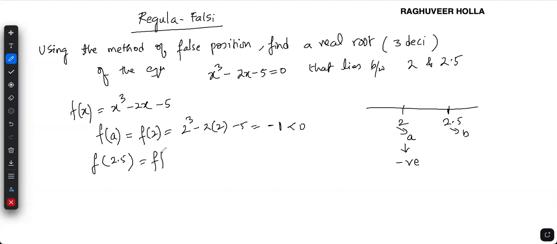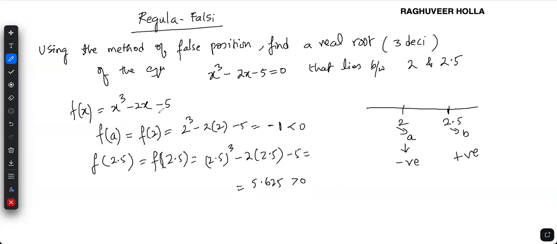And b is 2.5, let us say. So f of 2.5 is 2.5 cubed minus 2 into 2.5 minus 5, which is 5.625, greater than 0. This is positive.